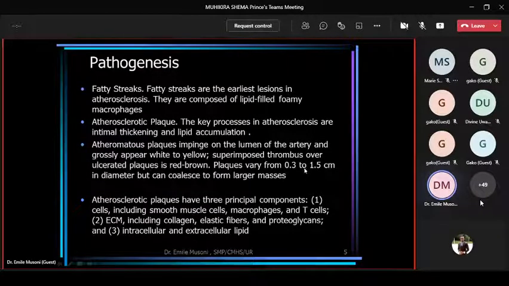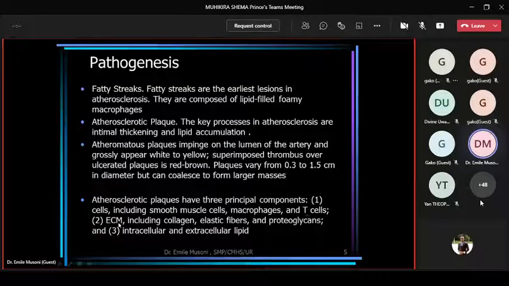This is the average. So what you must know here is atherosclerotic plaque has three principal components: cells, including smooth muscle cells, macrophages, T cells; then extracellular matrix, including collagen, elastic fibers, and proteoglycans; and intracellular and extracellular lipid.